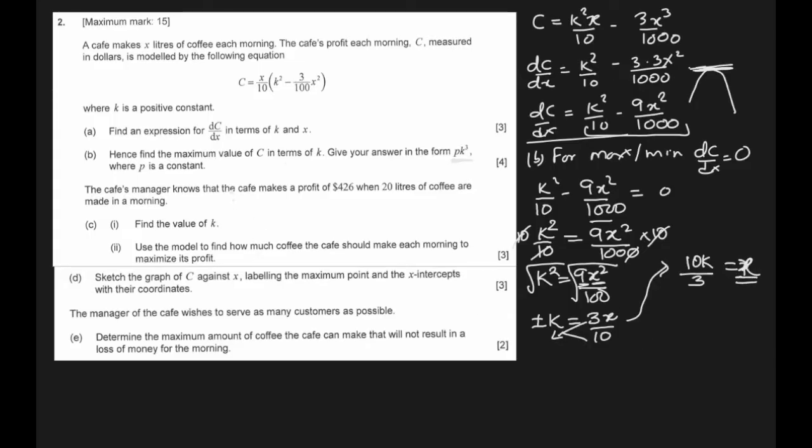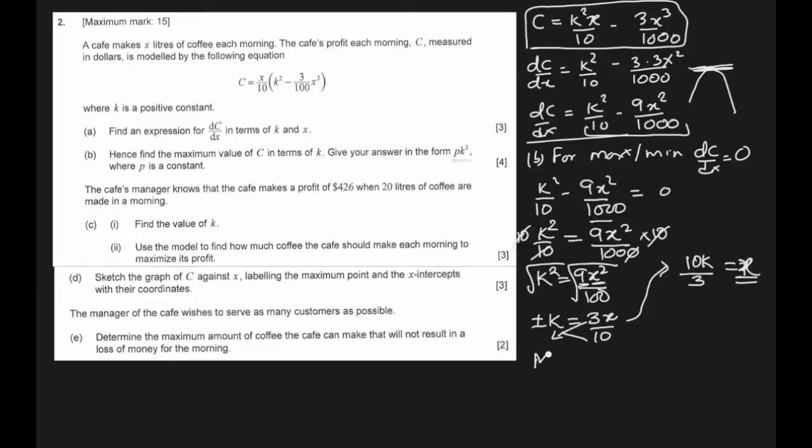But the question was find the maximum value of profit, and there is only one value of x. That means whatever we get is the x which will give us the maximum value. So let's get the maximum value, which is this equation. We have this original equation. We will substitute x equal to 10k over 3 and we'll get it.